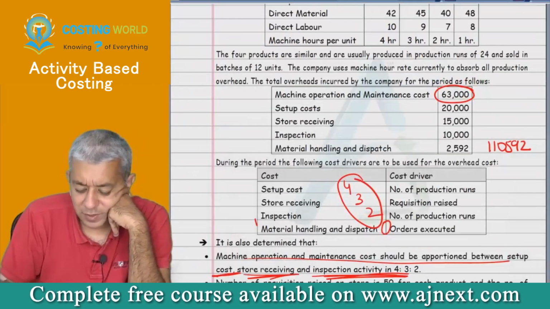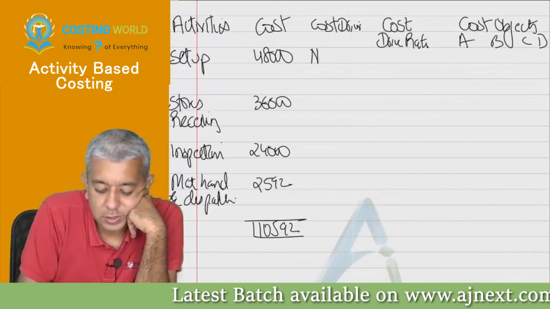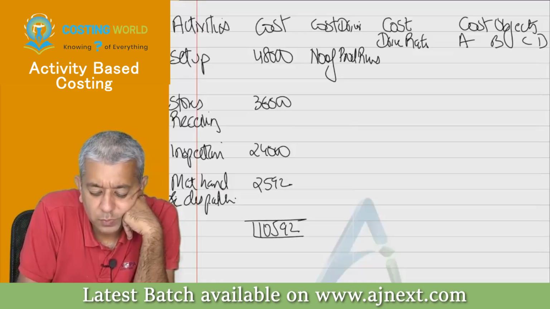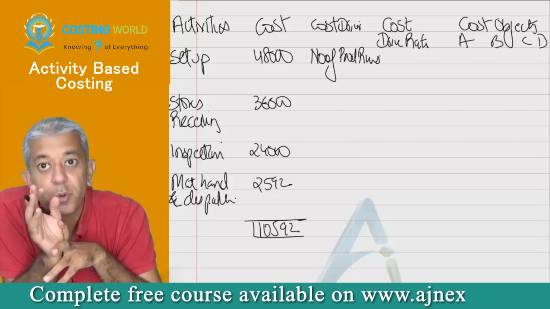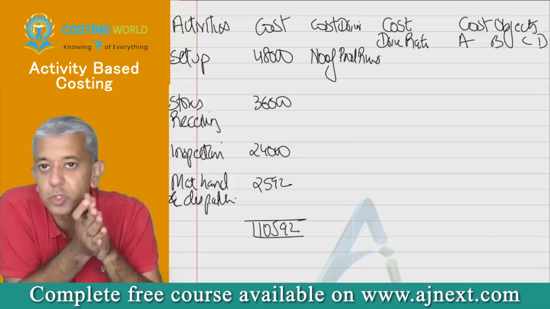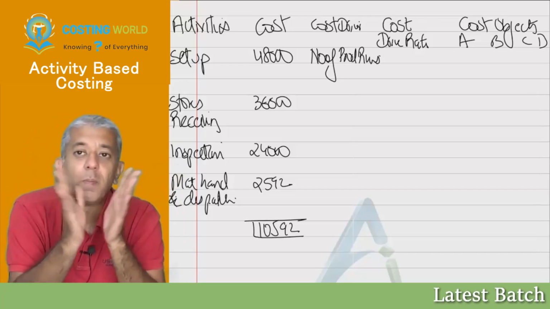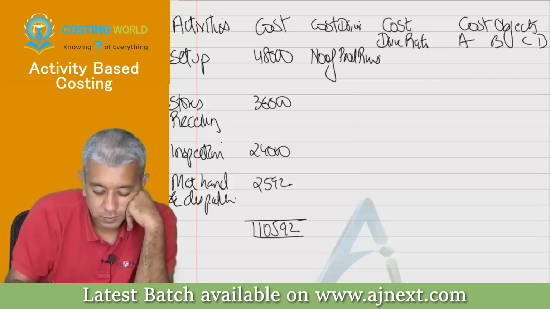Cost drivers, they have given to us number of production runs. Now, you all just do one small favor to me. Get me number of production runs for product A somehow from the question. It is not directly given to you, unlike your previous problems.